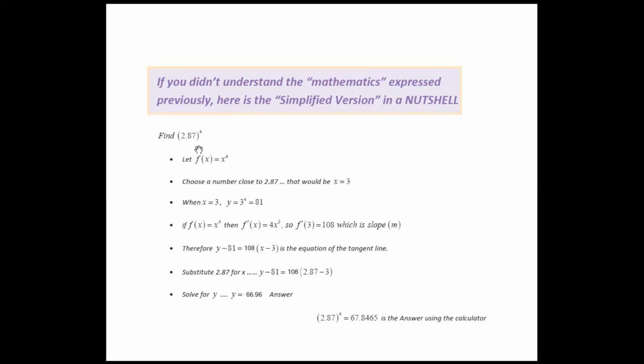In the earlier problem, the reason it worked so well is that we wanted to find 1.987 to the fifth power, and 1.987 is very close to 2. 2.87 is not all that close to 3 in the scheme of things, considering the function. So we do have some discrepancy in the closeness of the answer here, but that's not why we were running through this.